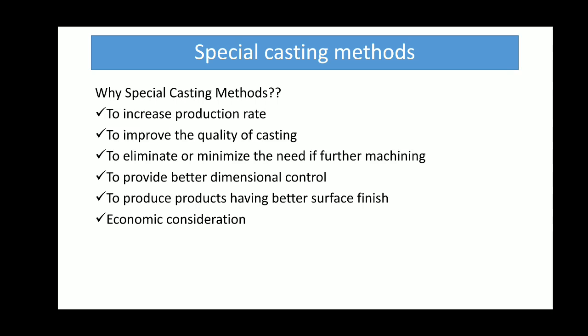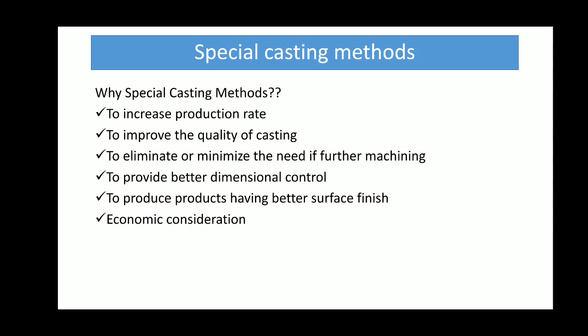So in a single step, whatever steps we would otherwise process in other machines, maybe making holes, making threads, drilling the holes, all those optional secondary processes, we can minimize or reduce those steps and get the final product in a single go.